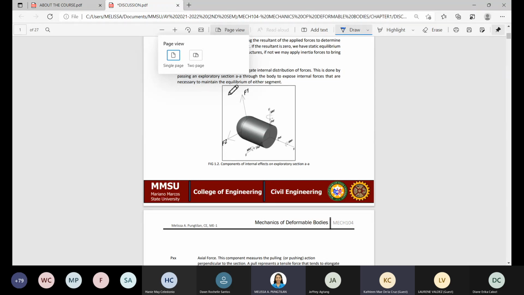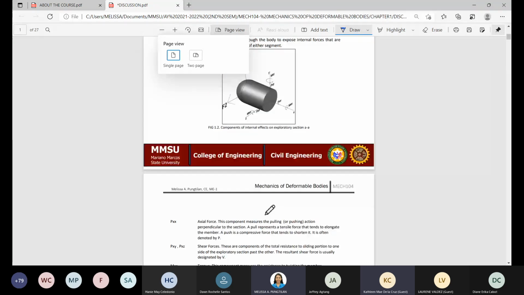Yan. So, yung mga special names ng ating mga forces is indicated on the second page. So, yung ating PXX or binabasa natin yan as the force on the X phase acting on the X direction. So, ito yon yung ating PXX or the force acting on the X phase.